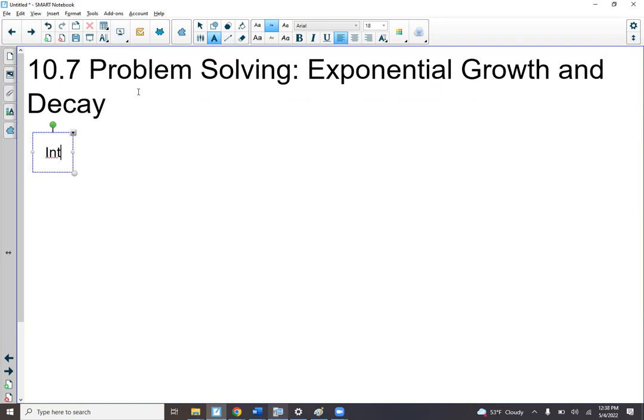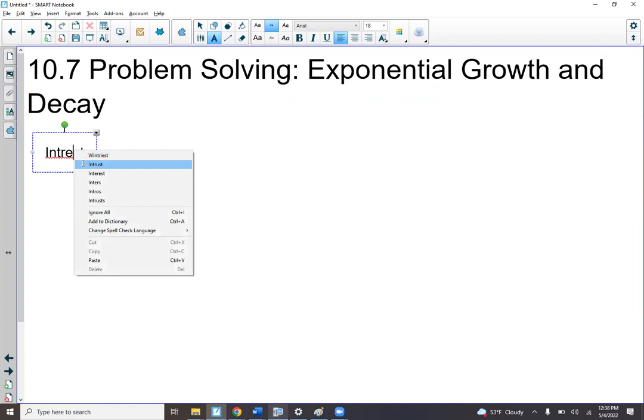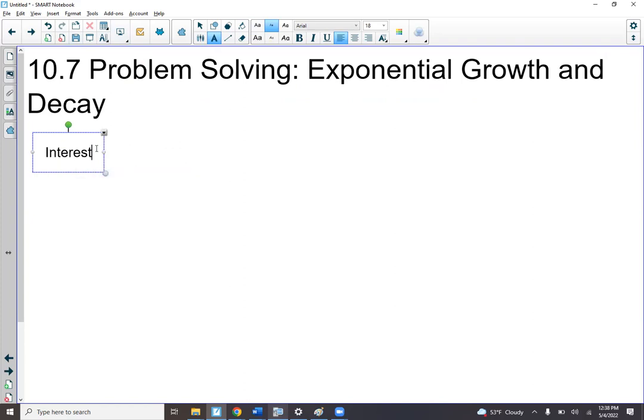When you have an interest problem of some sort, this is your equation: A equals P times (1 plus R over N), close parenthesis, to the power of NT.